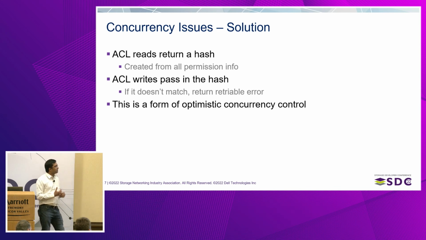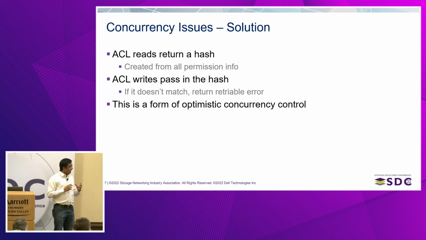So the way we solve this problem is this: when we do the read, update, write on the protocol server, when we first read the ACL, I modified the system call to return a hash, or a generation number, or whatever you call it, for all the permissions on the file.